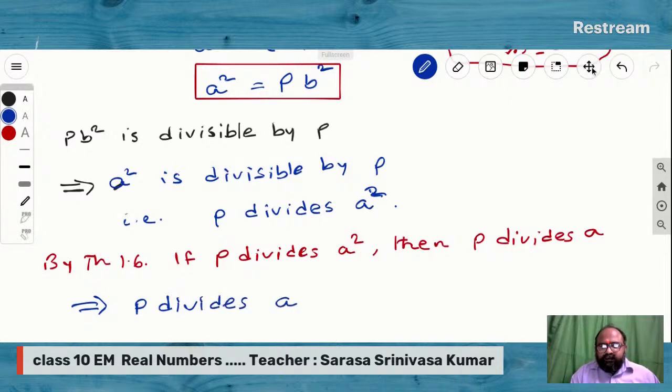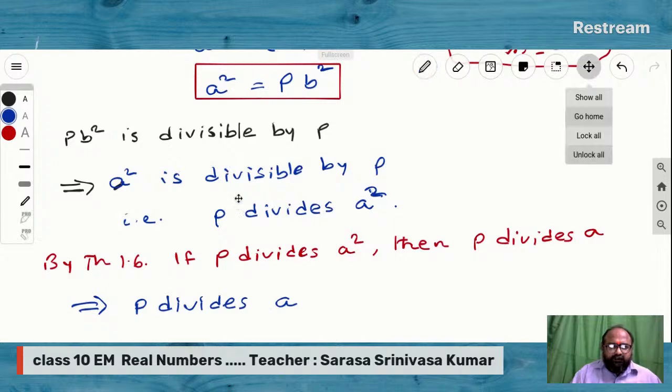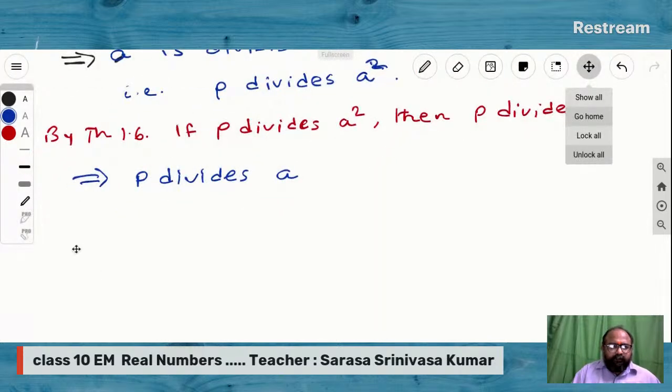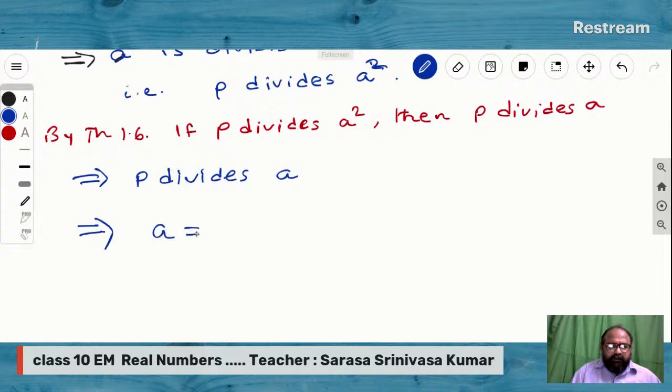If p divides a, then we can write this implies a equal to pc. We can consider some examples for this.